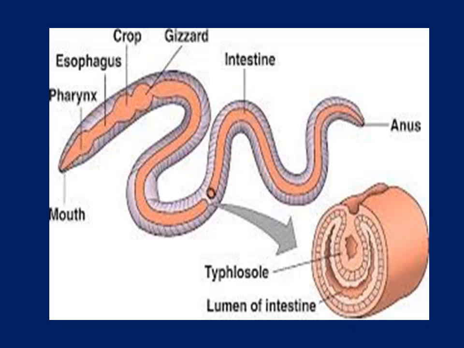So, this is the structure of digestive system in earthworm. Pharynx, esophagus, muscular gizzard, and intestine, full intestine. And typhlosole பாருங்க எங்க இருக்குன்னு. இந்த typhlosole lumen of the intestine இருக்கிறதுனால digested food absorb பண்றதுக்கு help பண்ணுது.